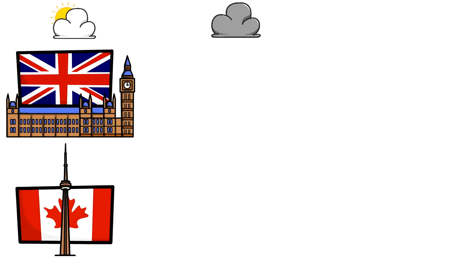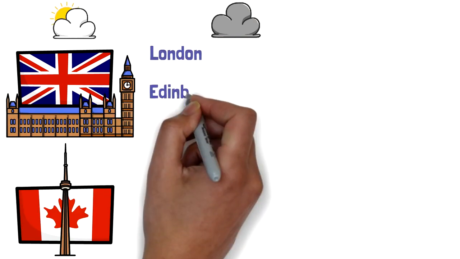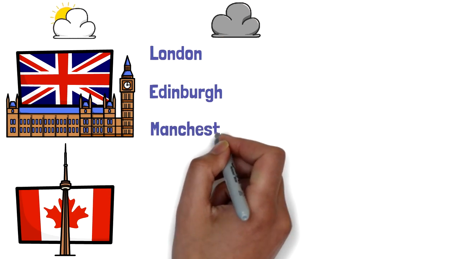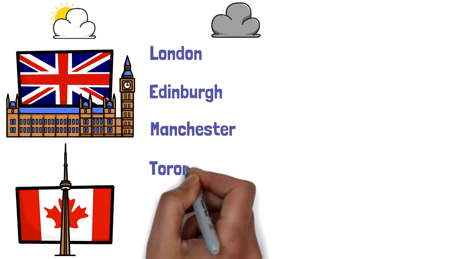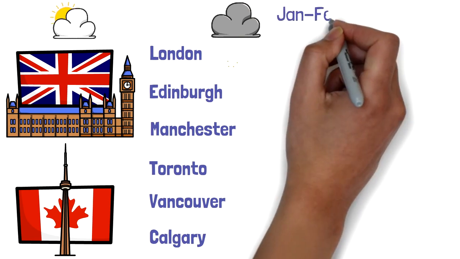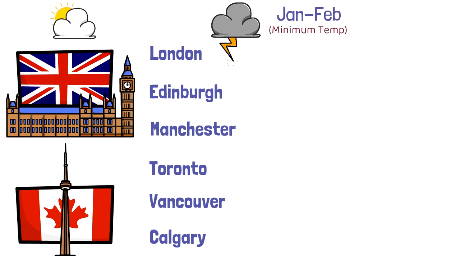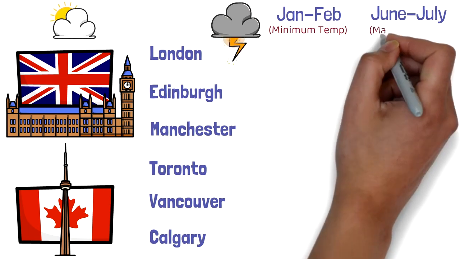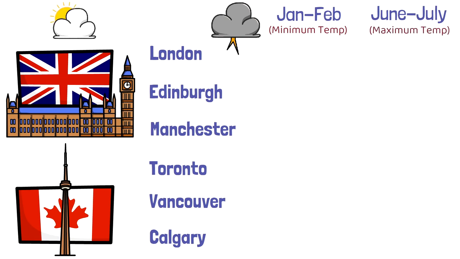From UK I have chosen London, Edinburgh, Manchester, and from Canada I've chosen Toronto, Vancouver and Calgary. We'll discuss the minimum temperatures in the months of January and February and the maximum temperatures in the months of June and July, so we can understand the winter and the summer weather as well. The temperatures that I'm going to list are from 2020 itself.